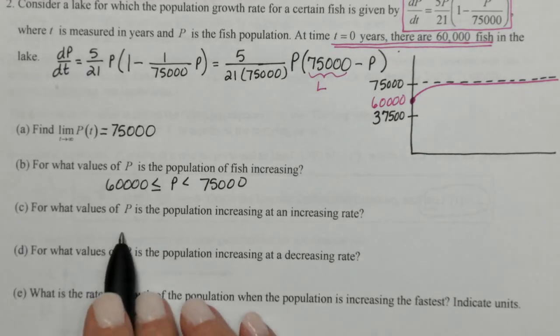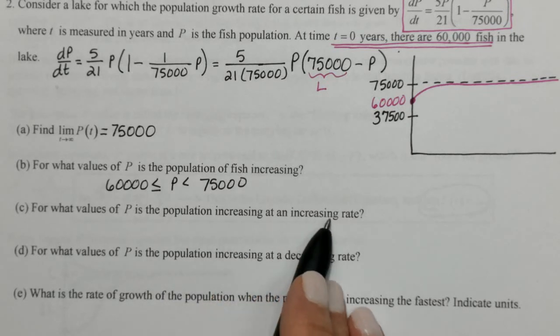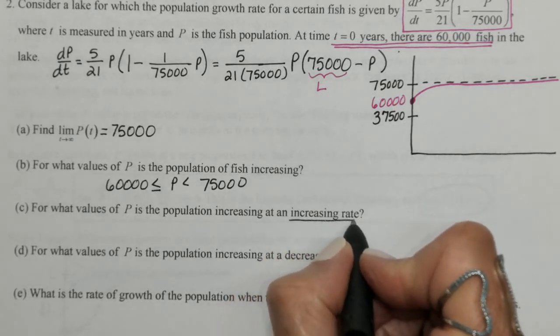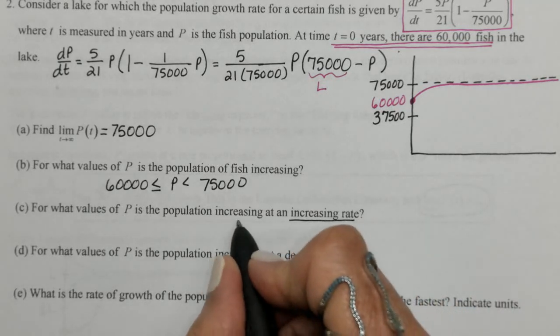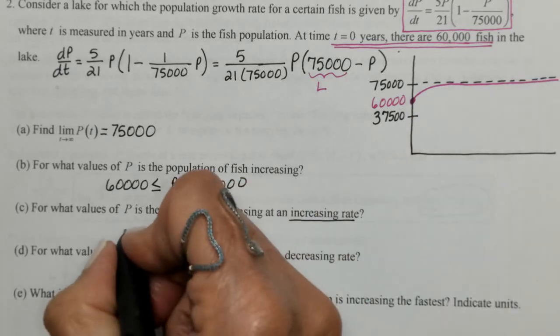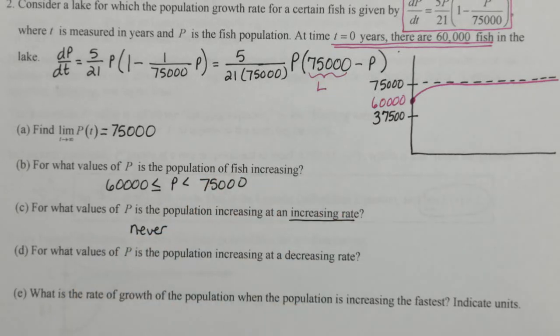For what values of P is the population increasing at an increasing rate? So when are we increasing and concave up? Never. No values of P. For what values of P is the population increasing at a decreasing rate?